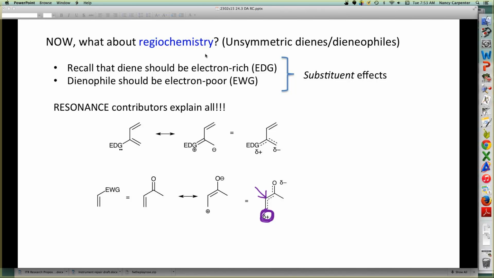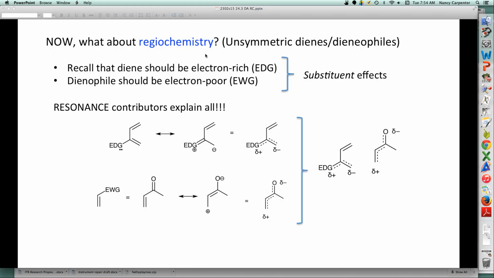So for both the diene and the dienophile, we've got an unsymmetrical, unequal distribution of charge, so that when we put them together, the charges are going to match up. For the diene, the delta minus is going to match up with the delta positive on the dienophile.